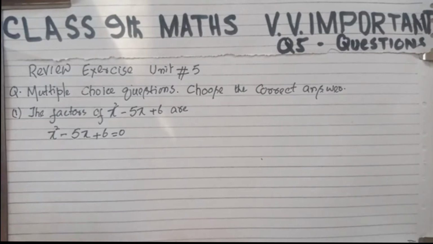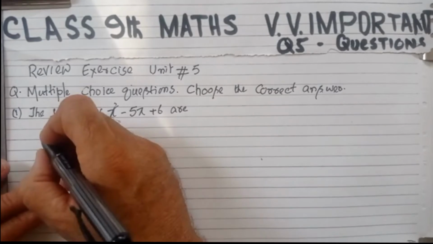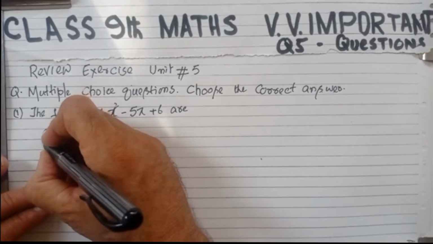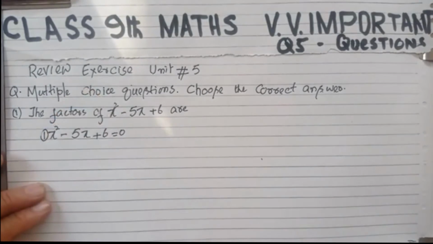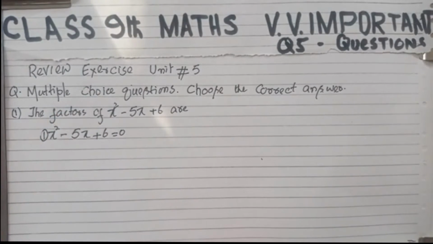Over here nothing is written, so the coefficient is 1. Because when there is nothing, there is God, and how many gods are there? Only one. Allah, one.